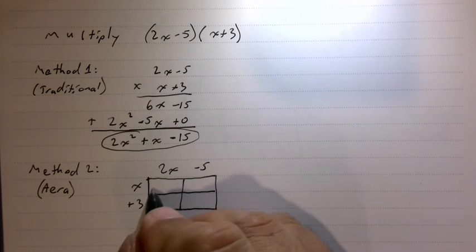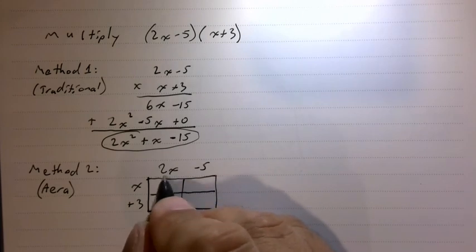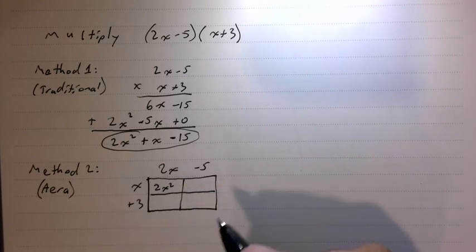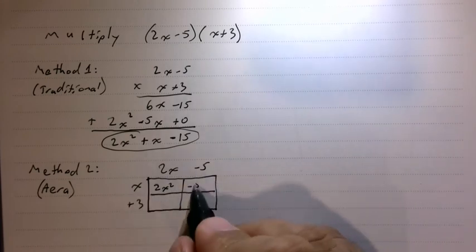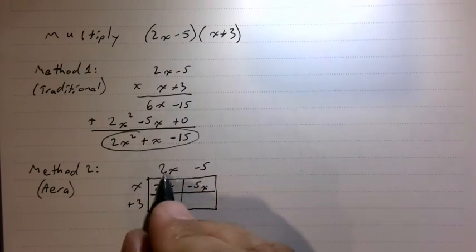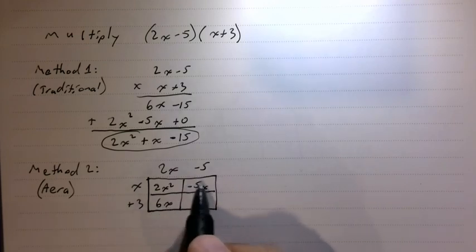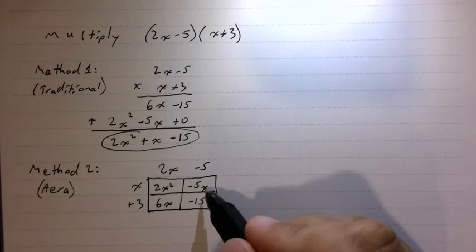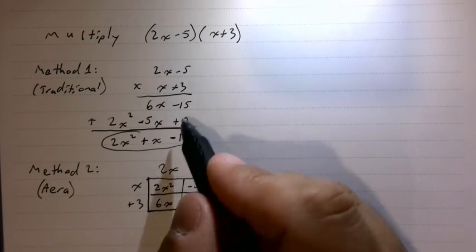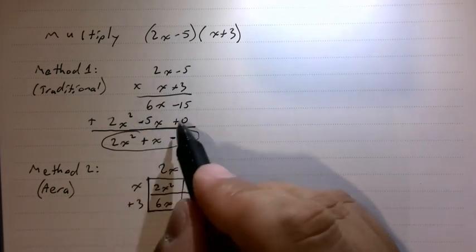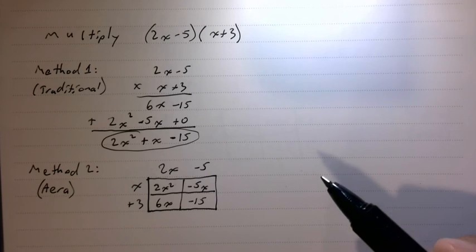Now when we find the small areas, 2x times x, 2x squared. x times negative 5 is negative 5x. 2x times 3 is 6x, and negative 5 times 3 is negative 15. You'll notice the little products are the same that we had up here because, again, we're multiplying the same numbers.